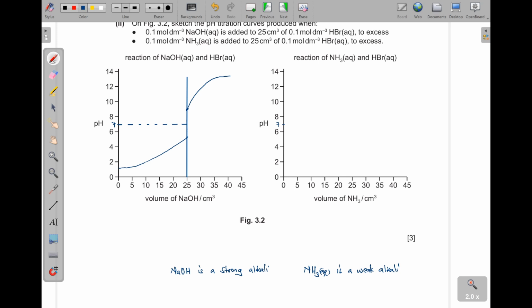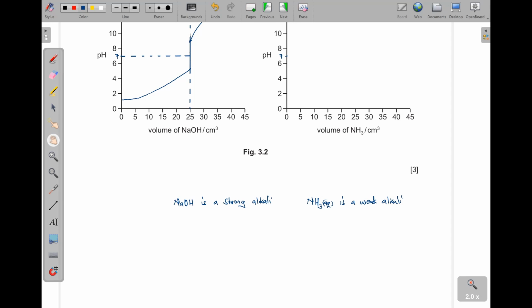Then I can actually take off this one here, this one here. Let me just make it dotted. So just like that will be the curve. Okay, so I said here, let me just add on something.